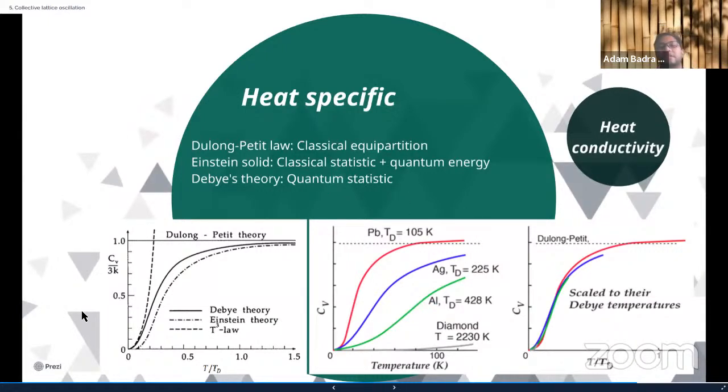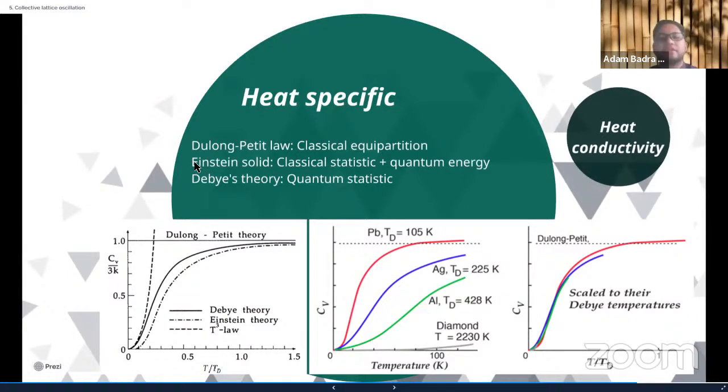So as a conclusion of today's talk, we have described the specific heat of a solid, from the conduction electrons and also from the lattice.